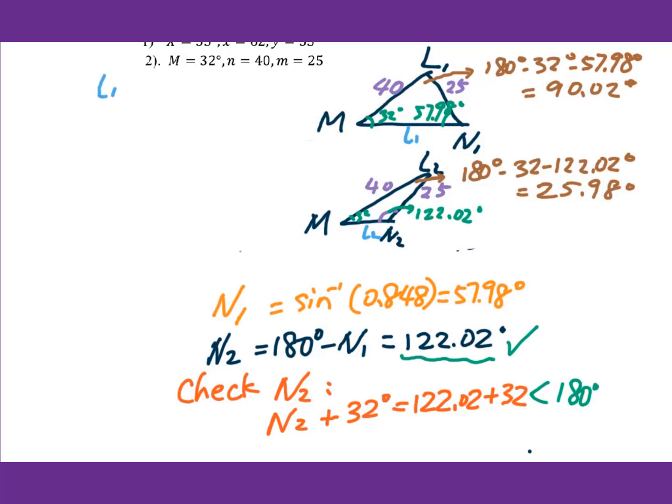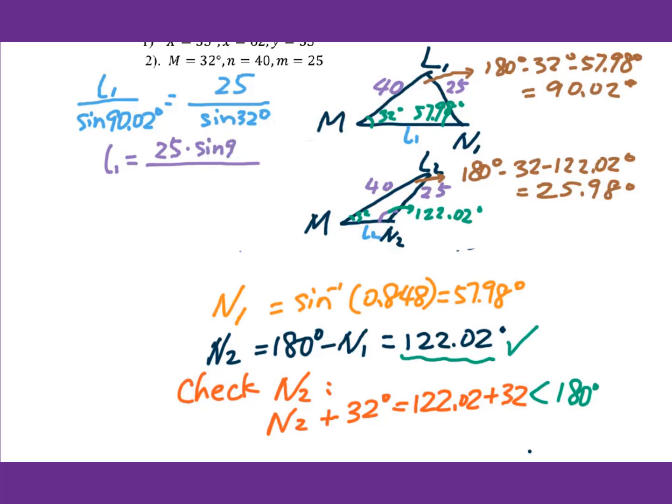For L1 over sin 90.02 degrees equals 25 over sin 32 degrees. So your L1 equals 25 times sin 90.02 degrees over sin 32 degrees equals 47.18.